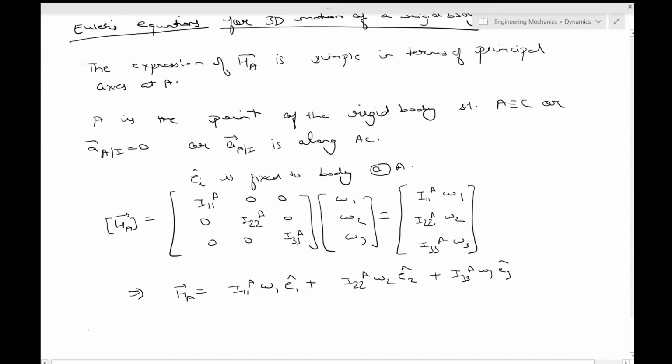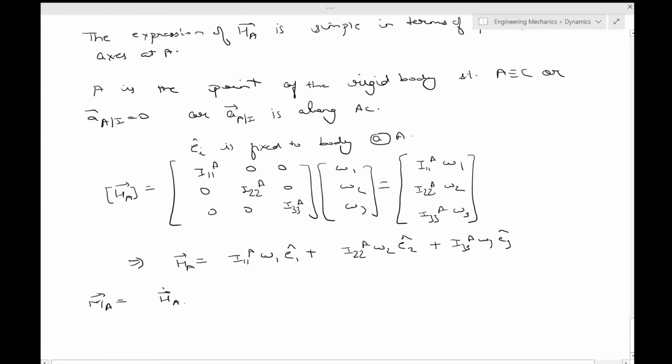Now if you want to write MA, that would be H dot A in terms of I, sorry, so EI is fixed in this I frame.